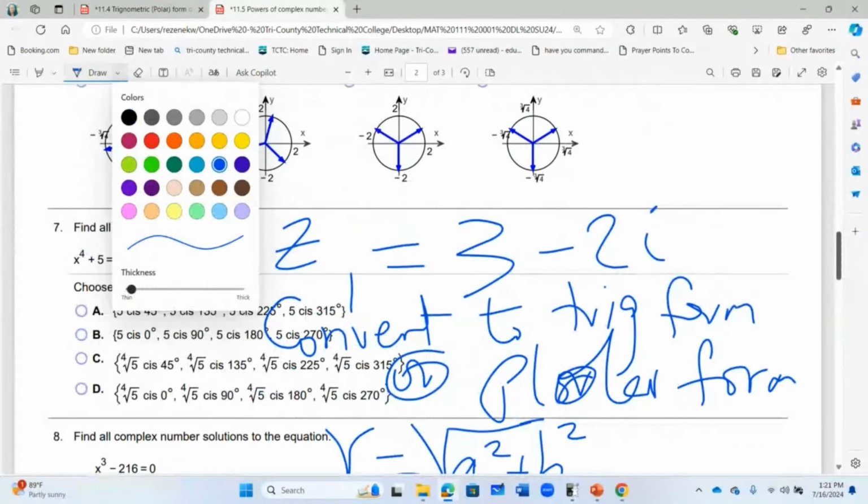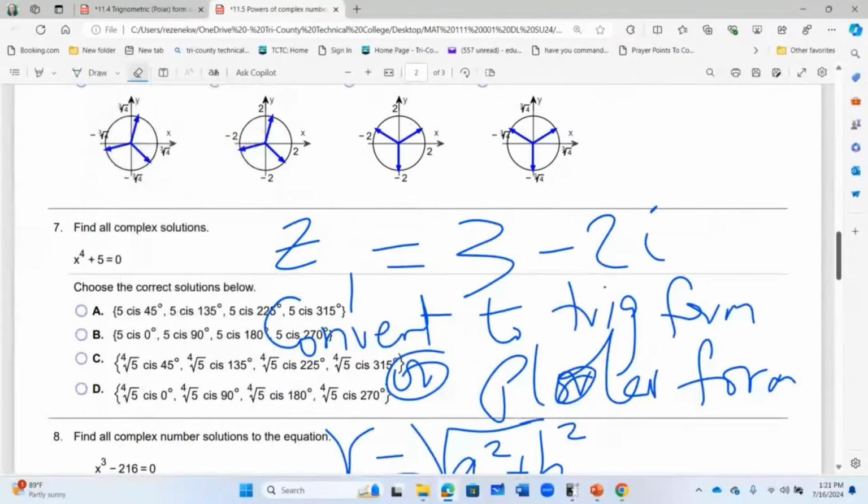Let me make it a question that contains a 3, 4, 5 Pythagorean triple, so it wouldn't take much time. All right, so this is 4.